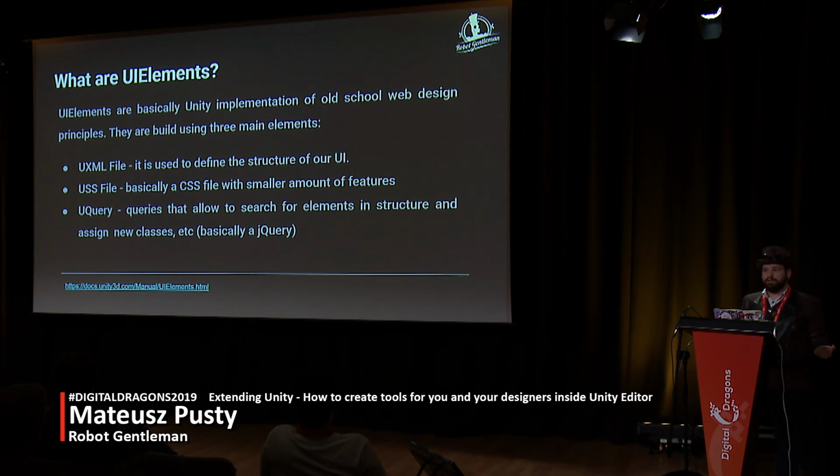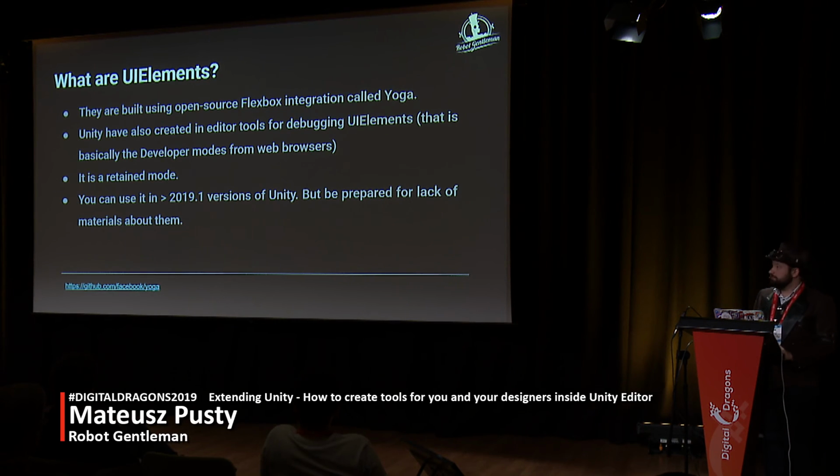It's almost exactly like CSS with a smaller amount of features. And uQueries that are the C# equivalent of jQueries that we could use in web design. And if anybody is interested, it is based on a Flexbox implementation called Yoga.